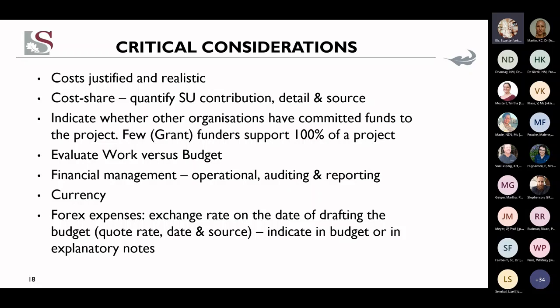When you do a budget, some of the funders will ask you to justify the cost so that they can see that it's realistic, that it's not just a figure that you've put in there. Sometimes you need to get quotations, like for flights or expensive equipment, so that you can prove that it will cost that much to be part of the project.